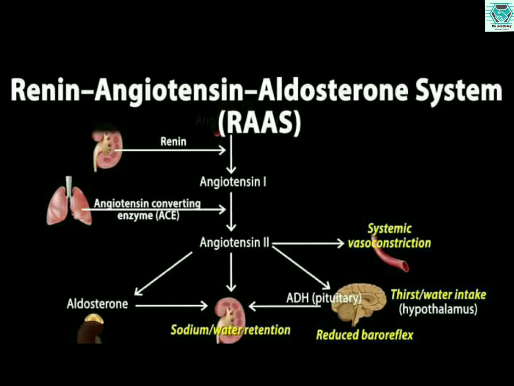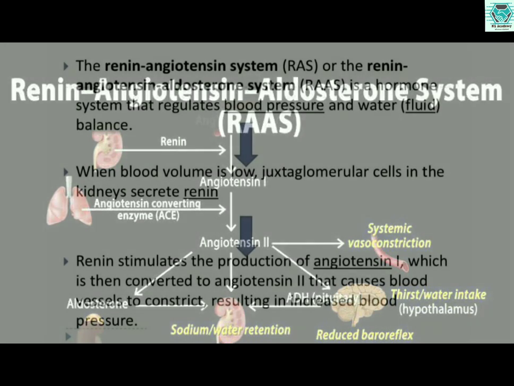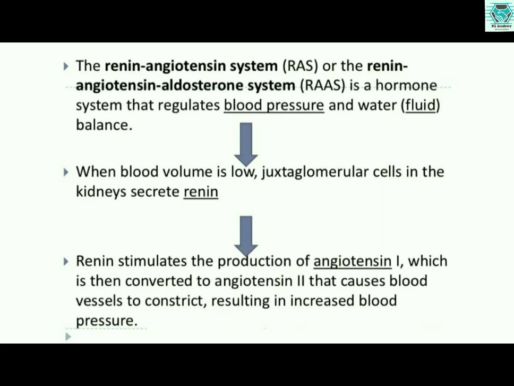When the blood volume is low, the JG cells of the kidney secrete renin. That renin stimulates the production of angiotensin 1, which is then converted to angiotensin 2 that causes blood vessels to constrict, resulting in an increase in the blood pressure.